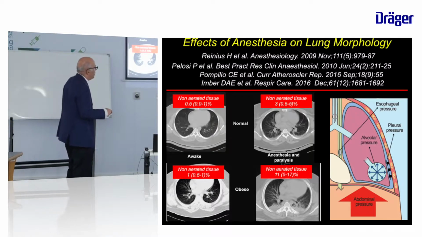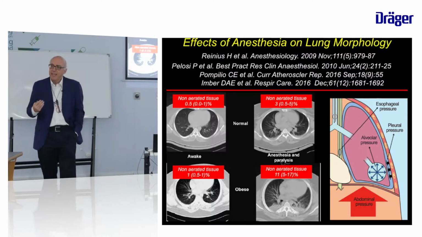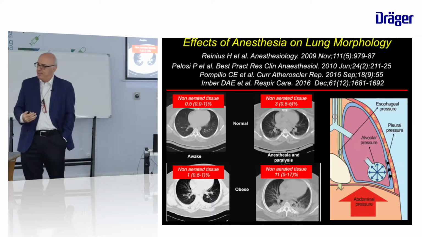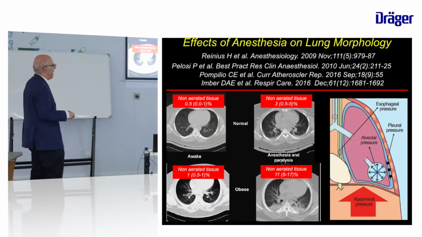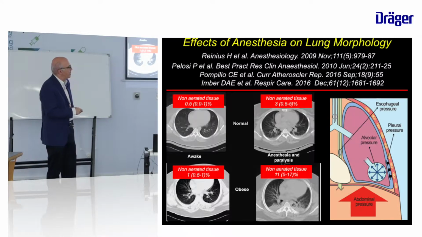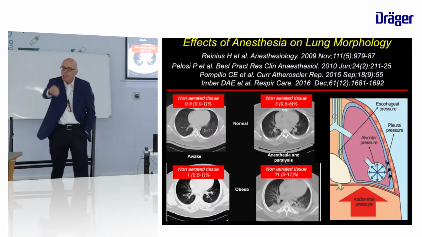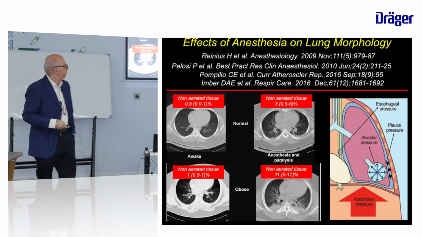And this induces an increase in the pleural pressure, and this promotes the squeezing of the alveoli and atelectasis. So the higher the level of obesity, the higher the abdominal pressure, the higher the pressure in the pleura, which squeezes the atelectasis mainly in the most dependent part of the lung.